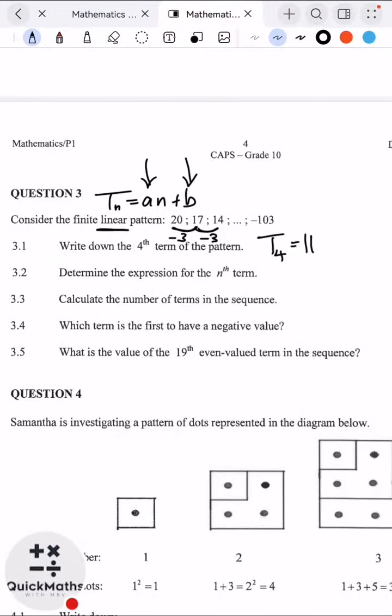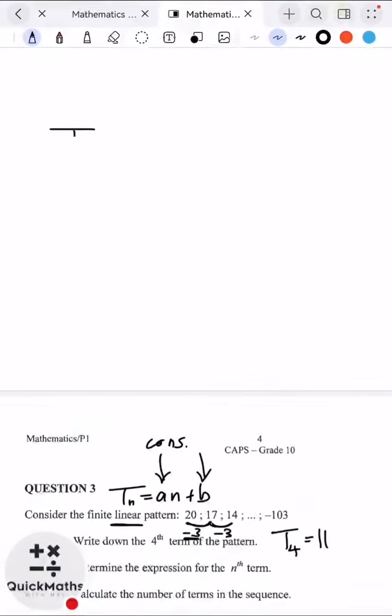Now a is our constant difference, and we already figured out that that's minus 3. B, okay, let's first write this down and then I will get to what b is. Okay, so Tn equals an plus b. We said a is equal to minus 3, so this is minus 3n plus b.